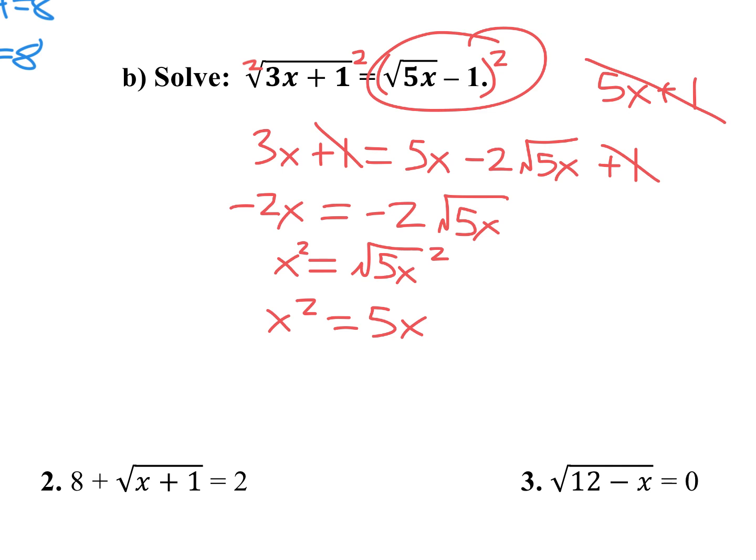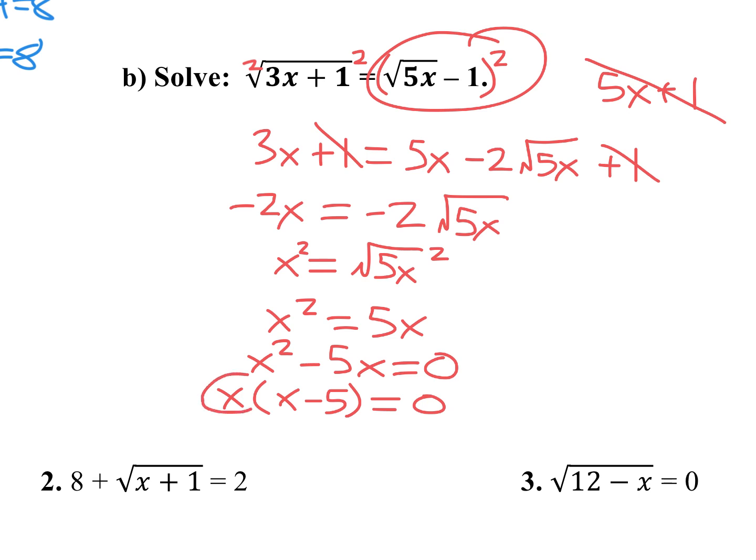All right, remember from a previous chapter, you're not supposed to divide by x. Set the equation equal to 0, and then factor. So by the 0 product property, one of these has to equal 0. So either x equals 0 or x minus 5 equals 0. So x could equal 0 or 5.